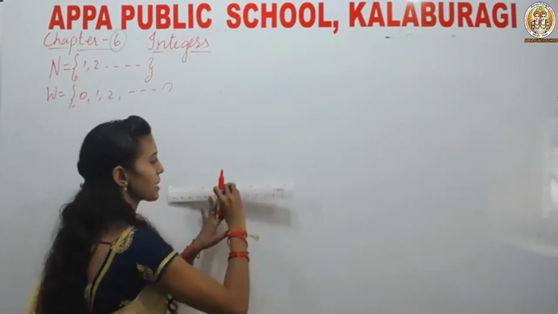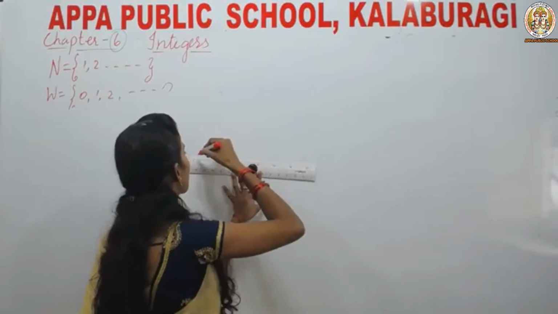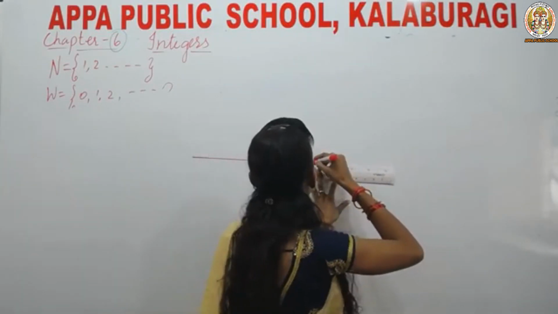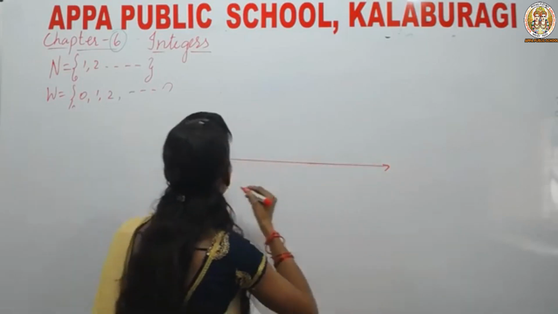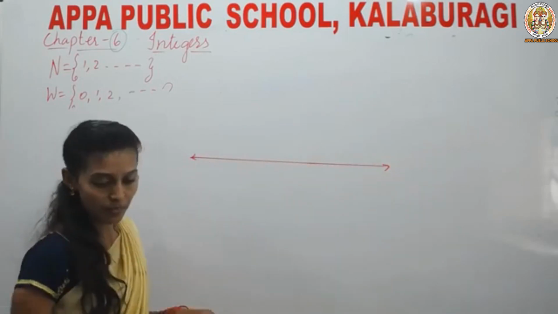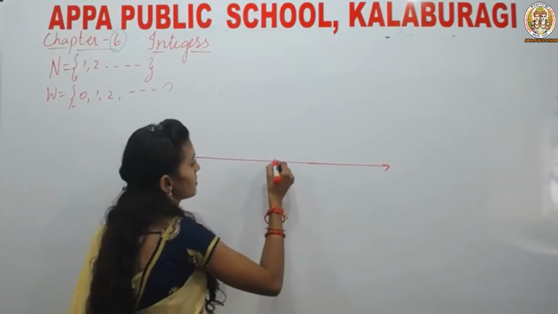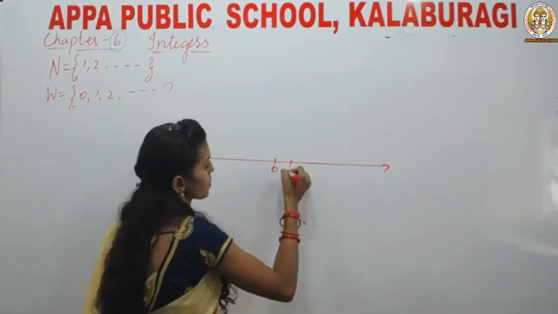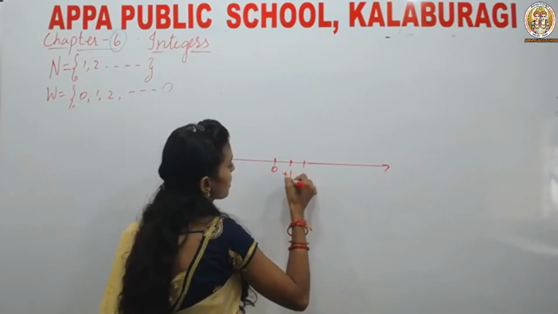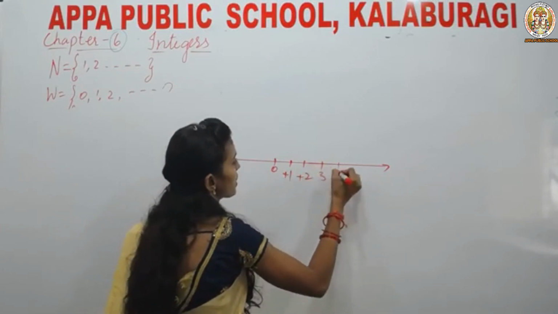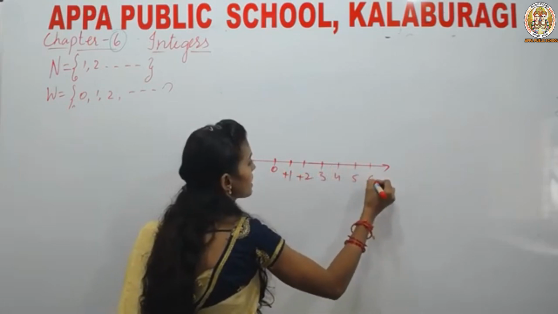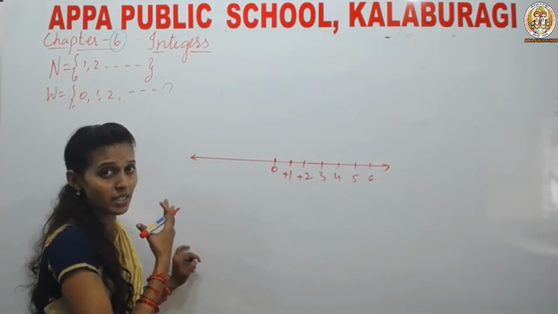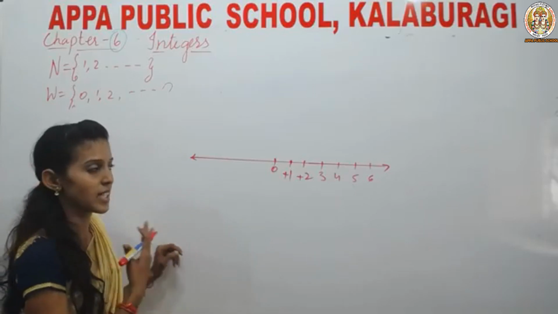See here, this is the number line. Somewhere we have 0. Right side of it is positive integers: 1, 2, 3, 4, 5, 6, and so on. There is no end.